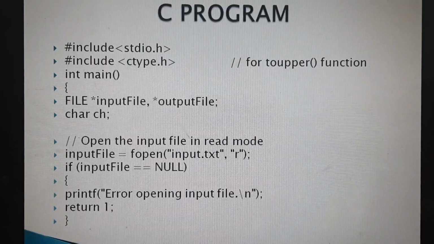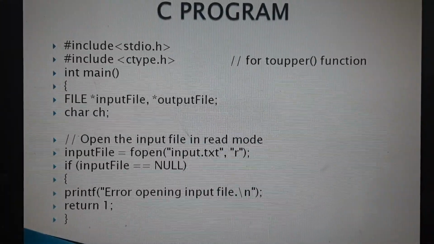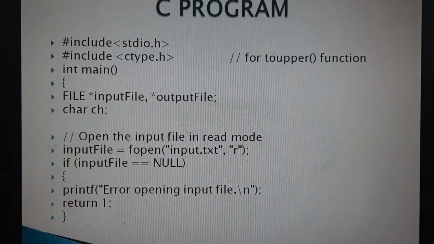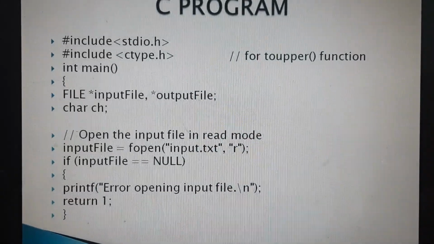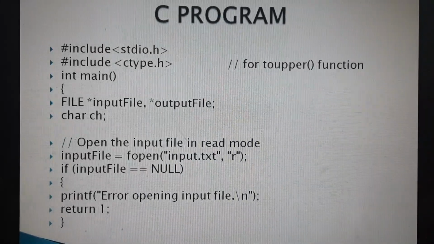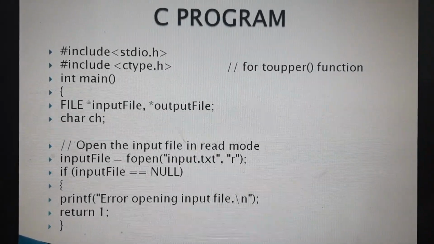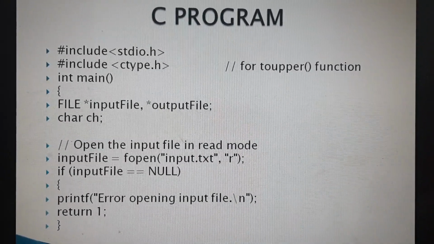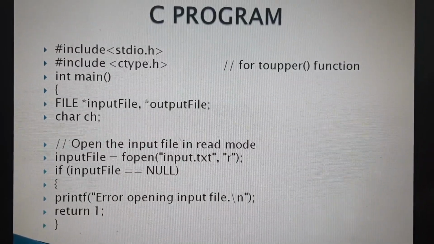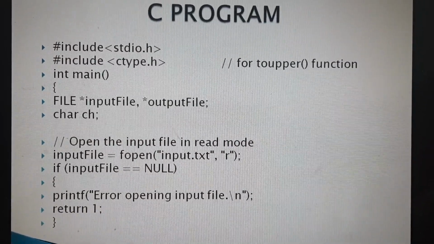Why we are moving on with this header file is, here we want to convert each and every character which is available in the input file. That's why here we have declared the second header file as #include <ctype.h>.